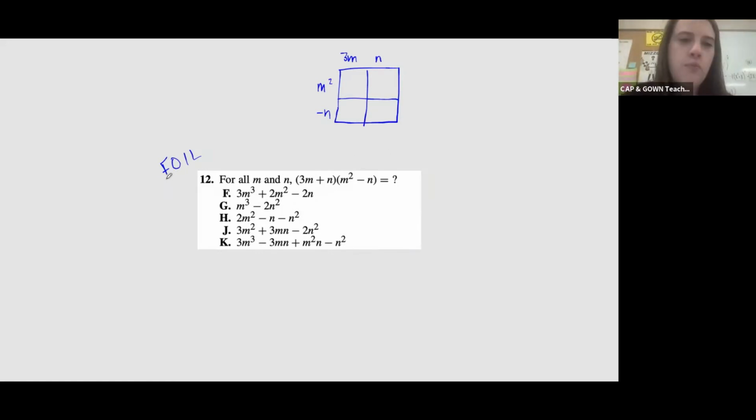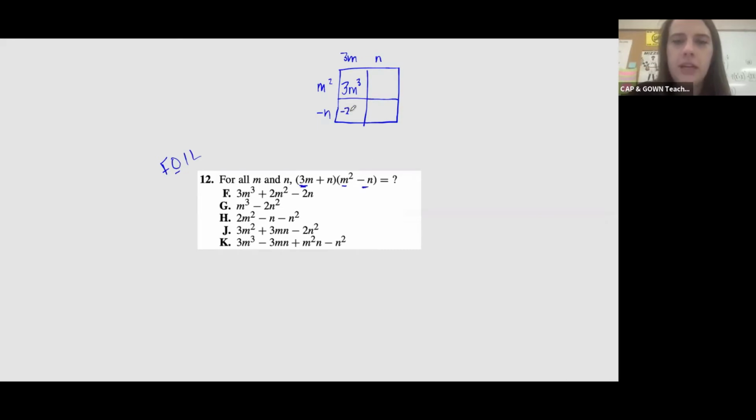If you don't know, that F stands for first, outer, inner, last, and I can model that through box method here. So we have 3m times m squared. That would be our first terms multiplied together. So that would end up being 3m to the third. Our outer is going to be 3m times negative n. So that's going to go in this box.